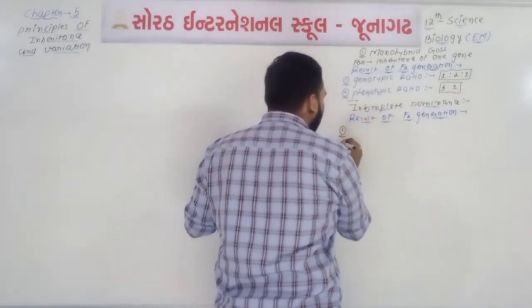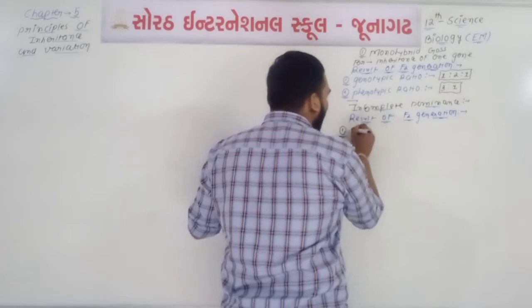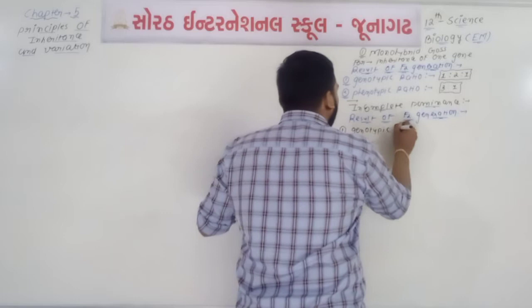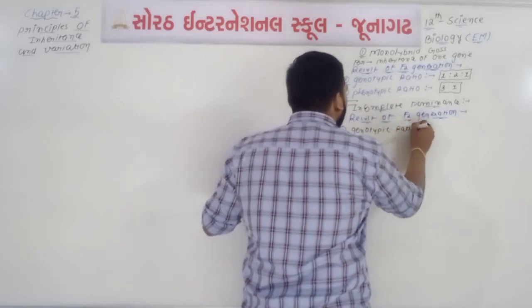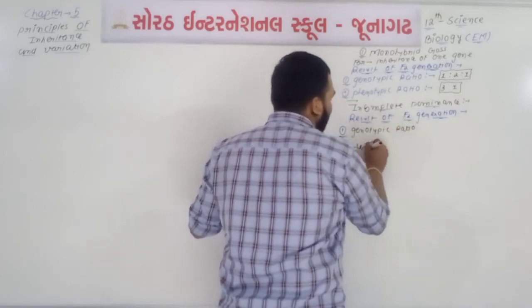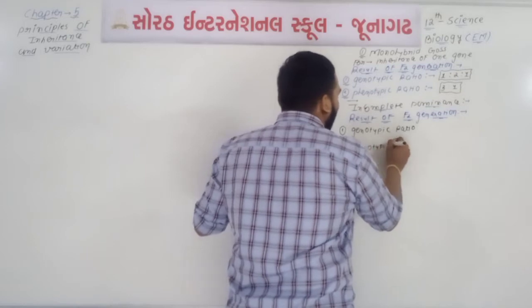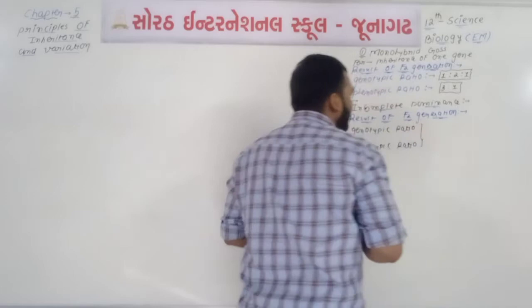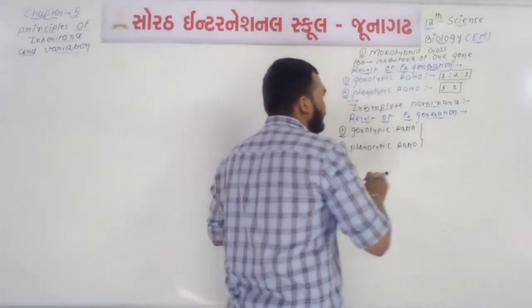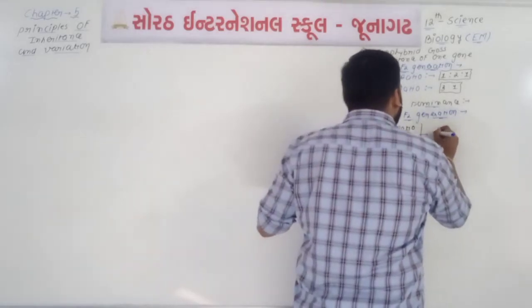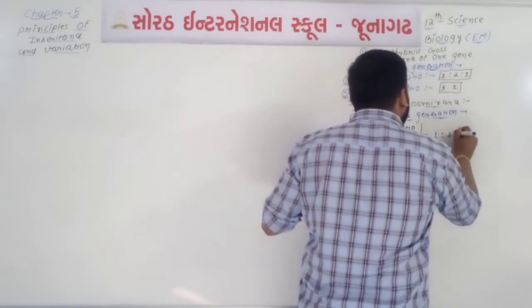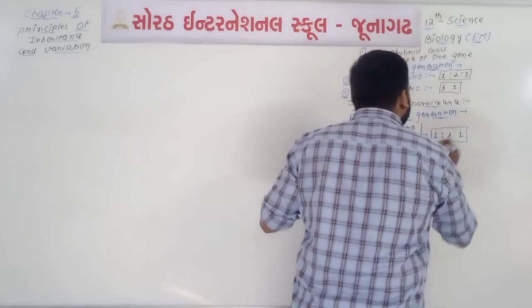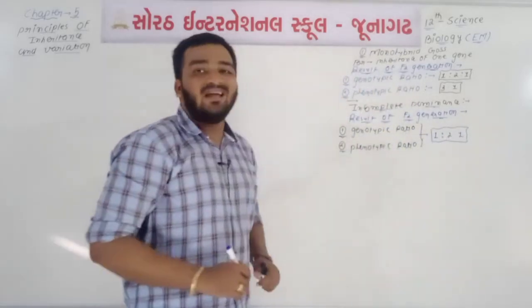In incomplete dominance, both the genotypic ratio and the phenotypic ratio will be the same, 1:2:1. So that is about incomplete dominance.